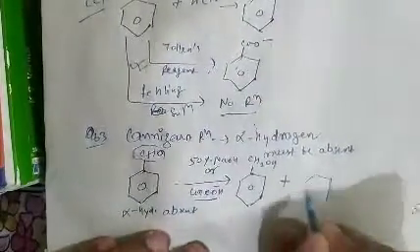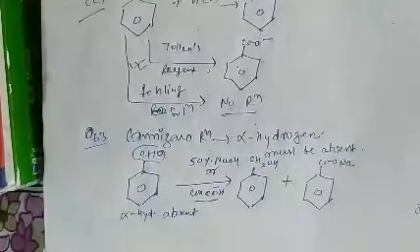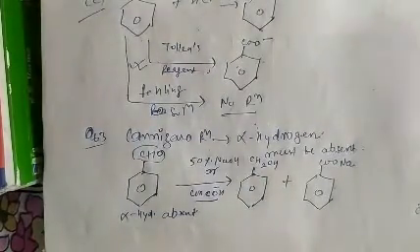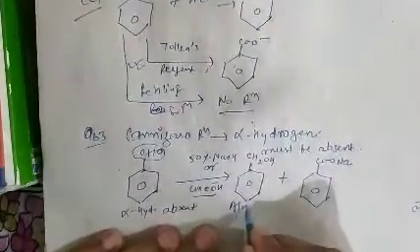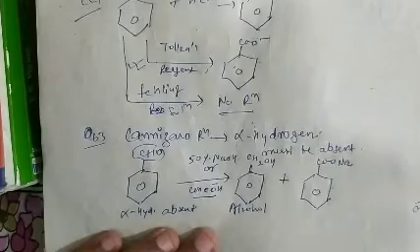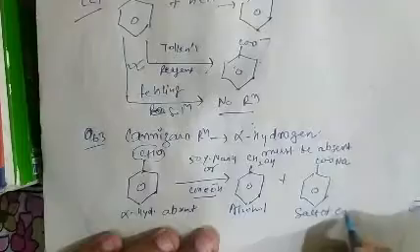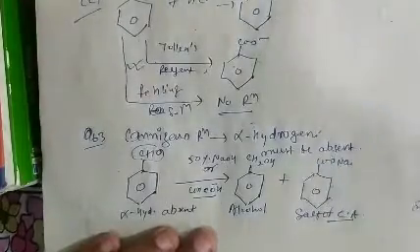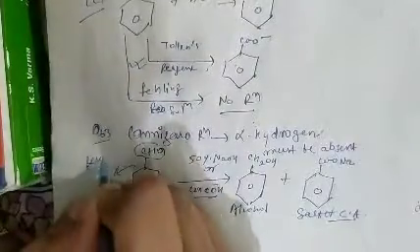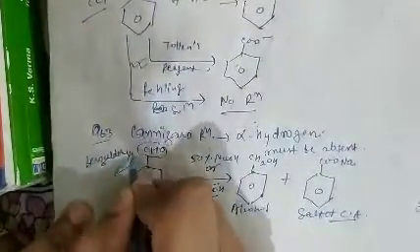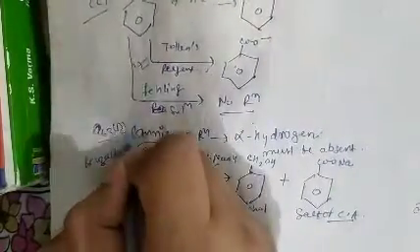And one product obtained is the salt of a carboxylic acid, that is C6H5COONa. So in question number 63, this is the benzyl alcohol product, and this is the salt of the carboxylic acid. So question number 63, option D is correct, and this compound is benzaldehyde.